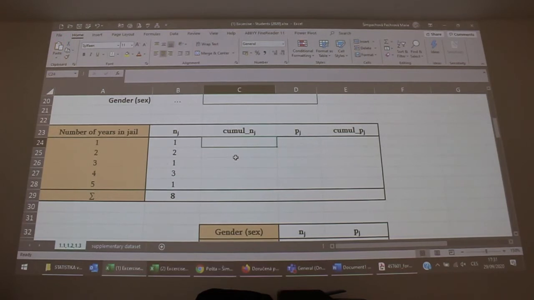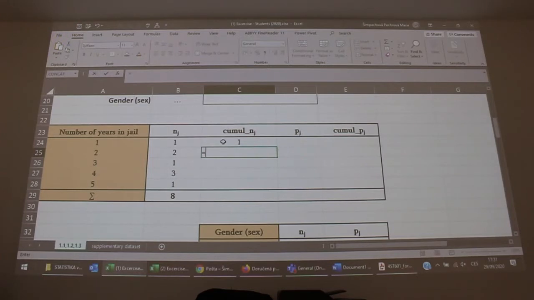Cumulation, what is it? 1 time is here present value 1, so there is value 1, and we will add this value to the previous value on the next row.